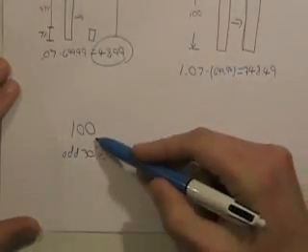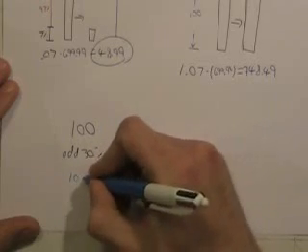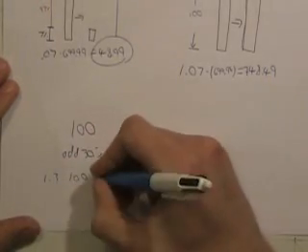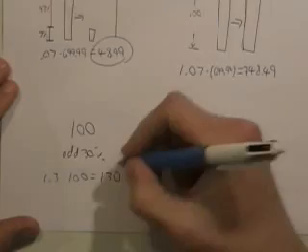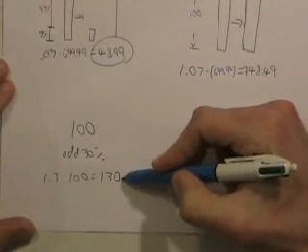If I take 100 and I add 30% to it, I'm multiplying 100 by 1.3, and that gives me 130. Okay, so I took 100, added 30%, got 130.